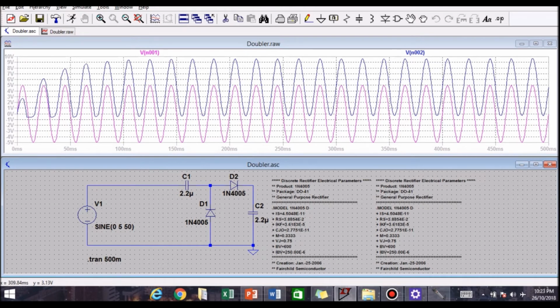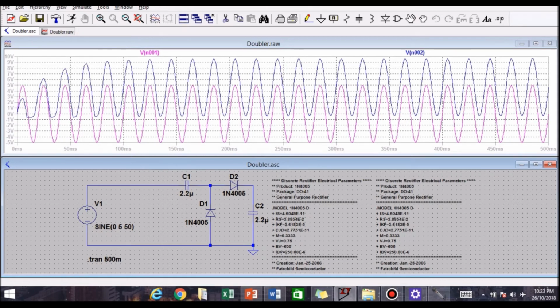Okay, the circuit is a half-wave voltage doubler because during the first half cycle of the sinusoidal input waveform, diode D1 is forward biased and conducts, charging up the pump capacitor C1.